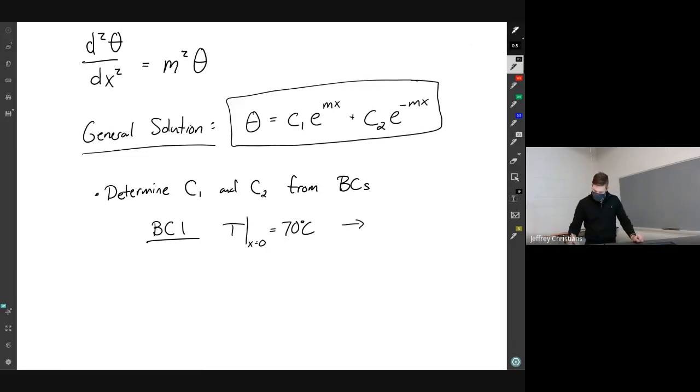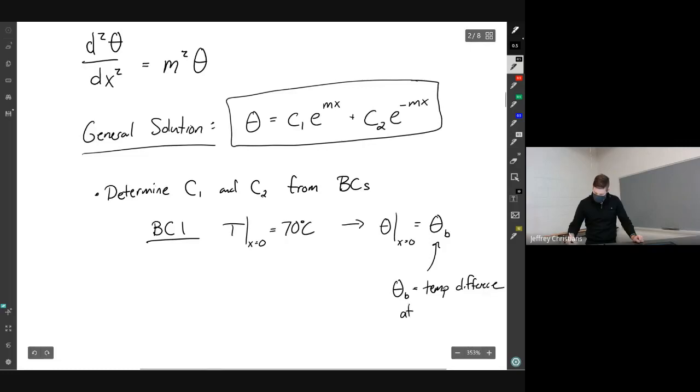We'll call this theta evaluated at x equals 0 equals theta B, which is theta at the fin base.